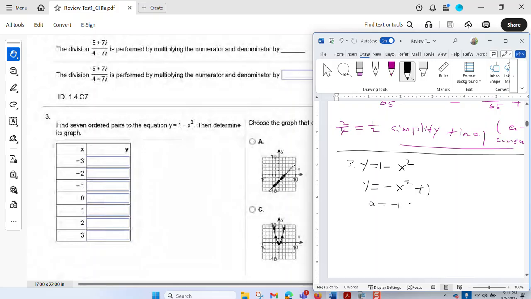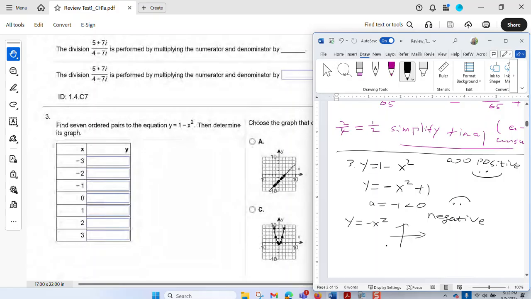So we always say less than 0 is kind of the sad face. How does a sad face look? This is a sad face, negative. Think of this as a negative face. And if a is greater than 0, this is a positive face, like a smiley face. So if you have y equals negative x squared, this one is facing down.